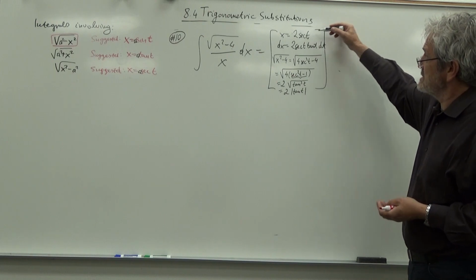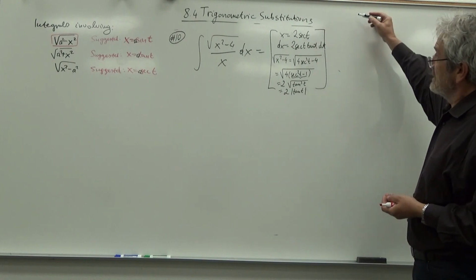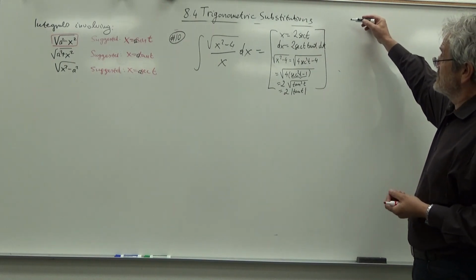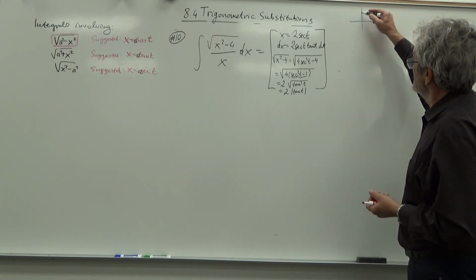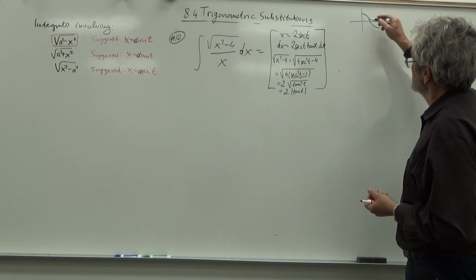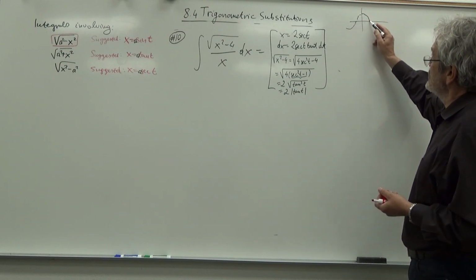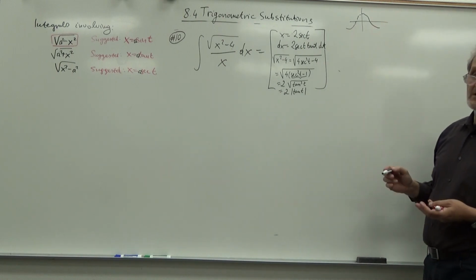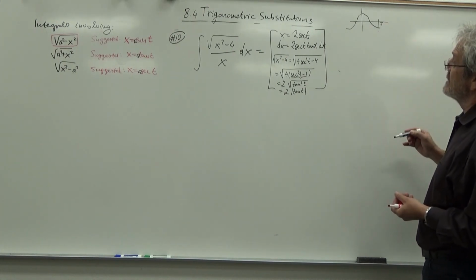There are different ways. You can do t, because secant, like cosine, really has to cover both positive and negative values. You know how cosine goes. Cosine goes like this. So we cannot go from minus pi over 2 to pi over 2 because you're covering only positive values. You have to go from 0 to pi.